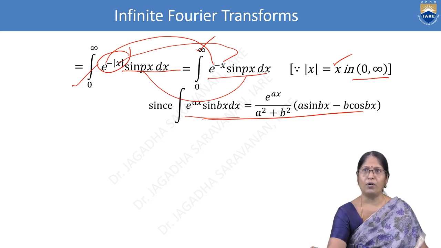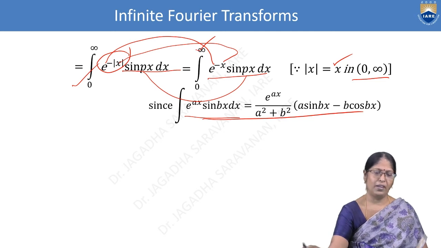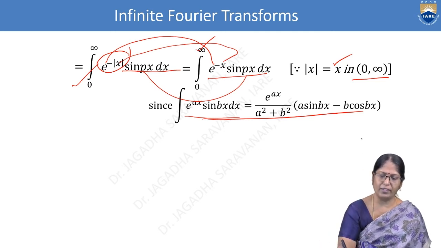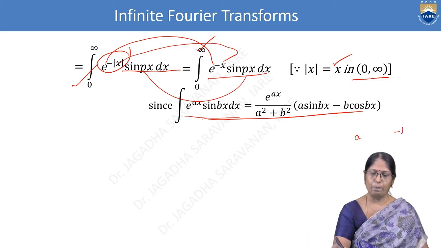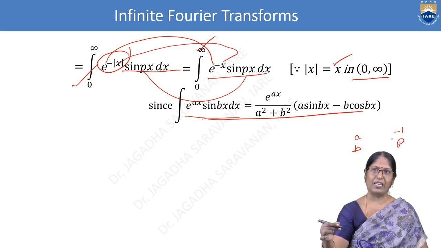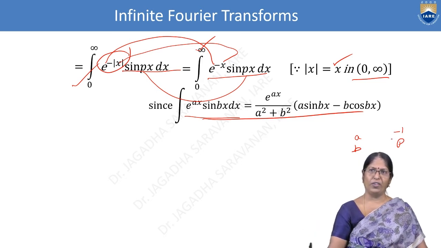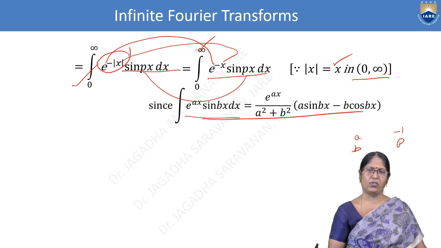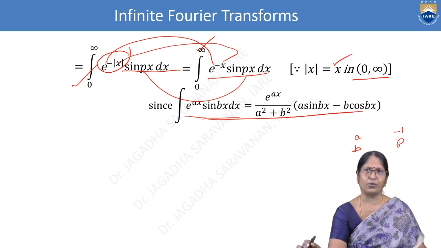What about our problem? E power minus x sin px dx. Here our a is minus 1 and b is p. Keeping this in mind, we have to substitute correctly without committing any mistake.